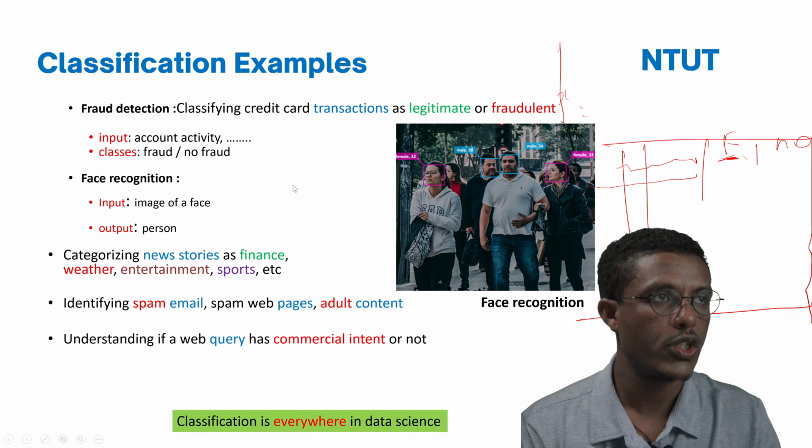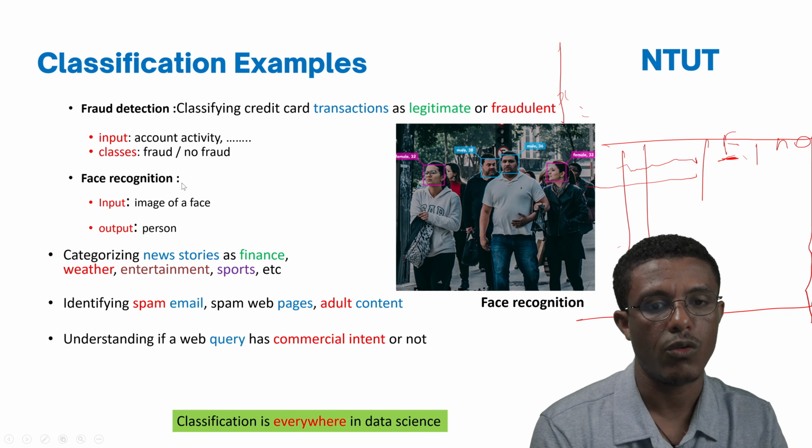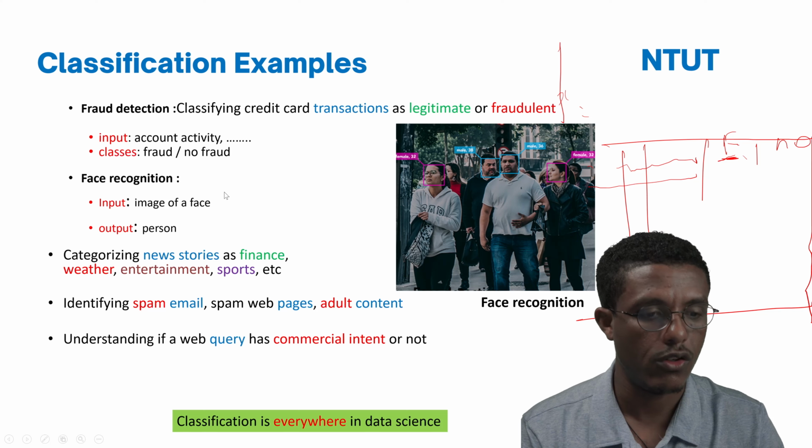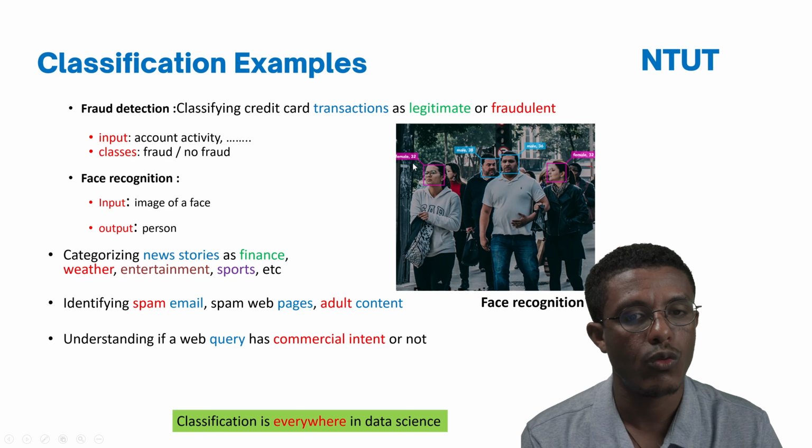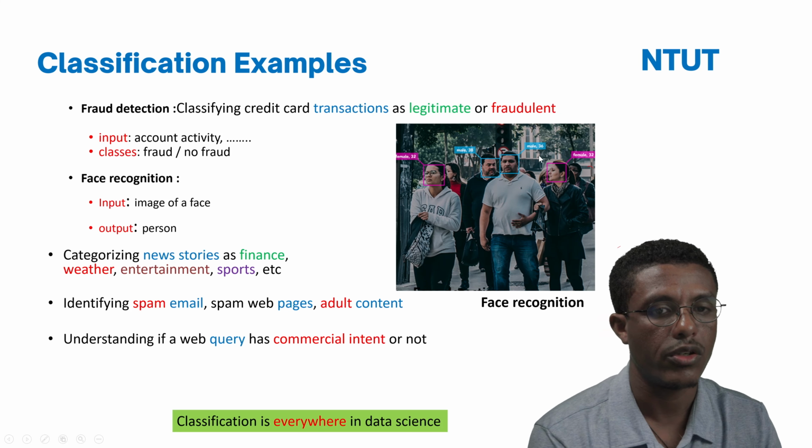In face recognition also, we can use different classification algorithms in order to identify the face. For example here, face recognition identifies this is female, and the age is here. So by labeling the face, we can identify whether male or female, and also determine the age.